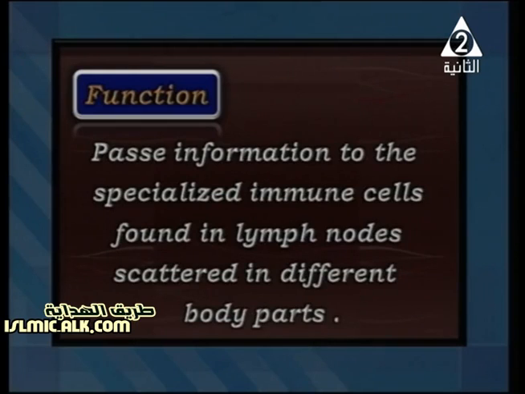They also pass information to the specialized immune system. After collecting information, we need to kill them. So they pass the information to a specific type of soldier or specific type of the immune system or lymph to destroy it, found in the lymph nodes and scattered in the different body parts.